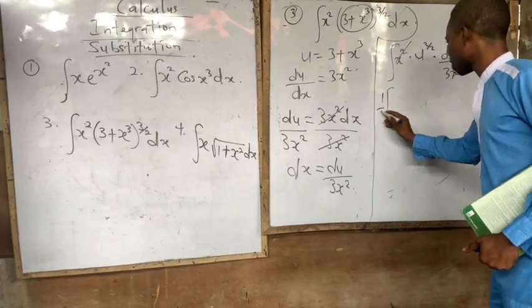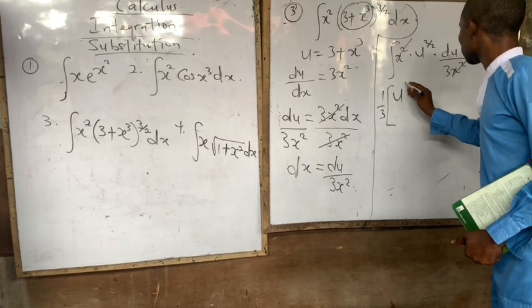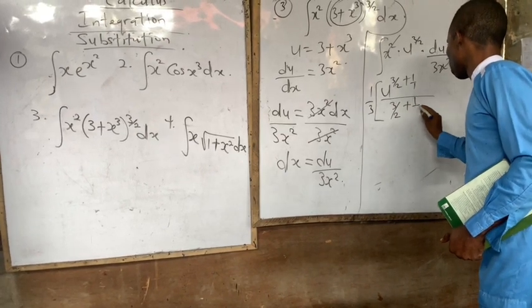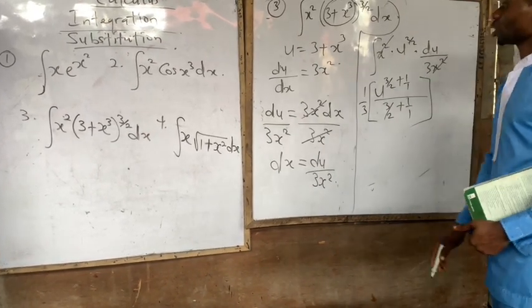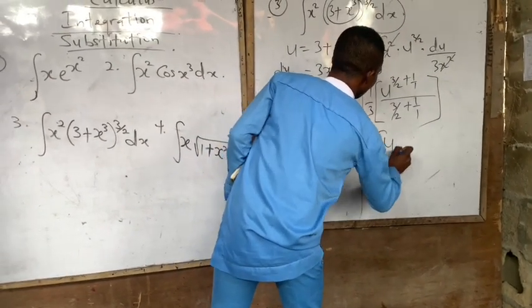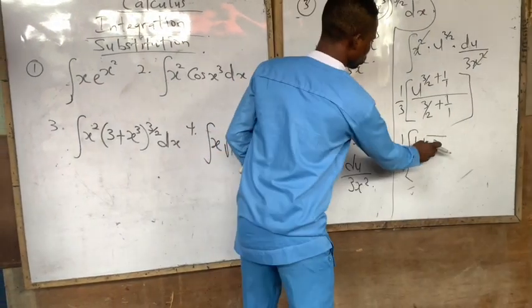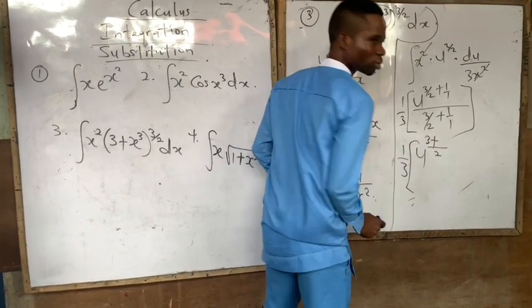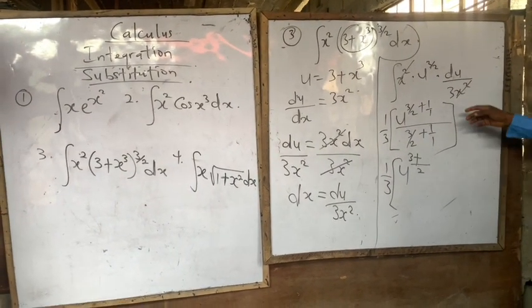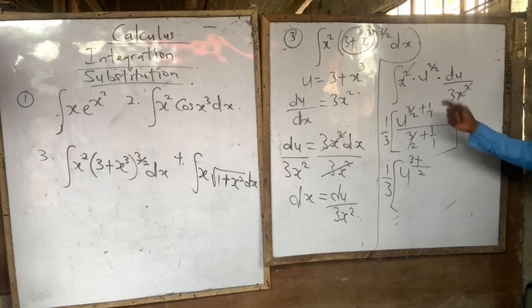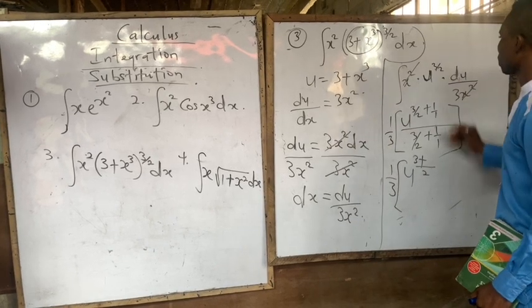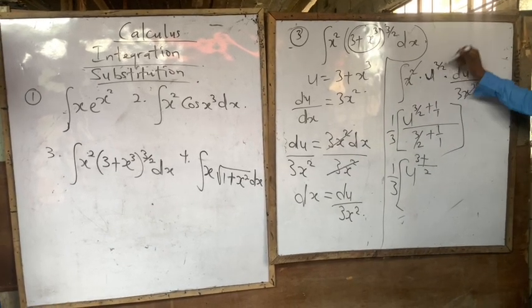I'll bring this 1 over 3 outside. So we integrate u raised to power 3 over 2 plus 1, all over 3 over 2 plus 1. That will be 1 over 3 times u.